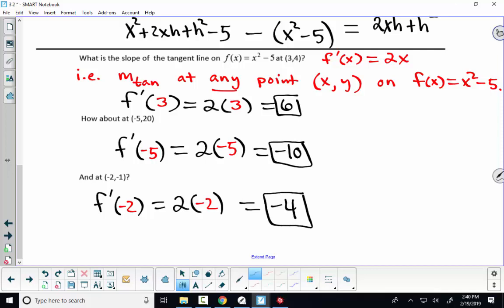So now we've got a function, we can just plug x coordinates in to find the slope at any particular point. Does that make sense? Do y'all have any questions?